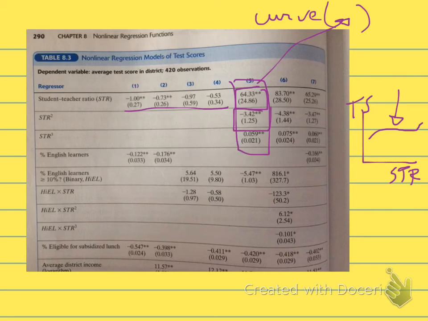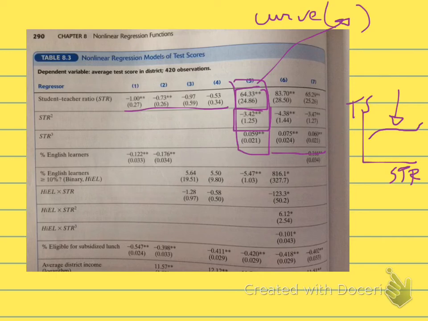So you need to put in a number for the intercept in order to graph this curve and see what it looks like with these numbers.